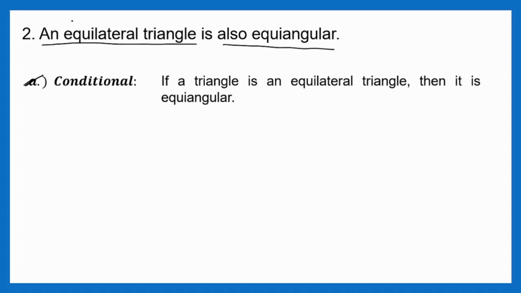Diba? Triangle to. Right? Equilateral nga lang. So, kaya ako dinagdag yung word na triangle para ma-describe ko yung equilateral triangle. Para may descriptor lang tayo na idinadagdag. Alright? Ayan, so, if a triangle is an equilateral triangle, ayun na yon. Tapos, conclusion, then it is equiangular.